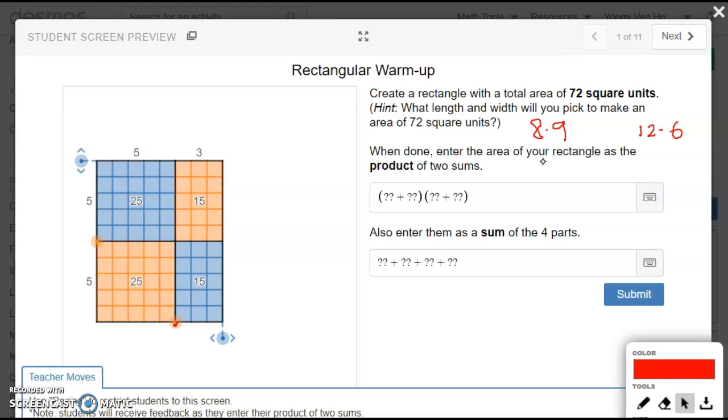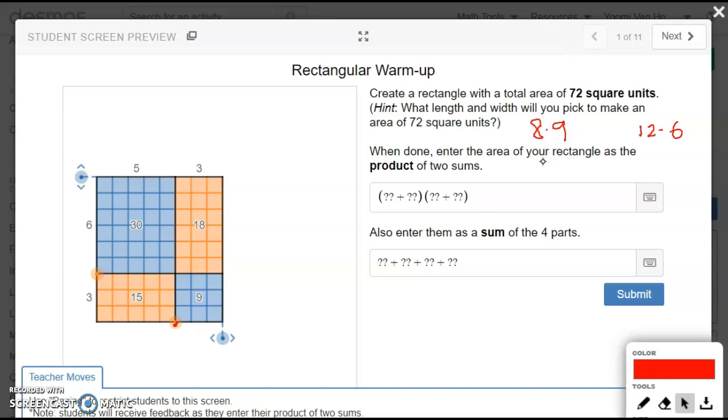So how should I break it up? I don't want to use 5 again. You could, but let's use 3. How about 3 and 6? 3 and 6 add to 9. So I have the length of 8 here and the width of 9 here, and that would create a rectangle of 72 because 8 times 9 is 72.